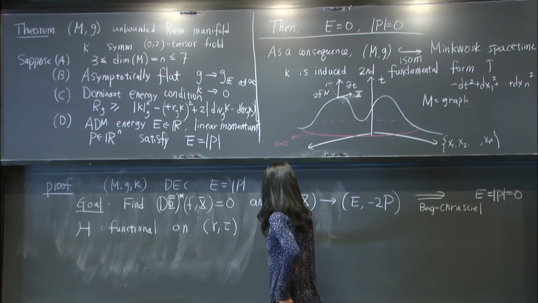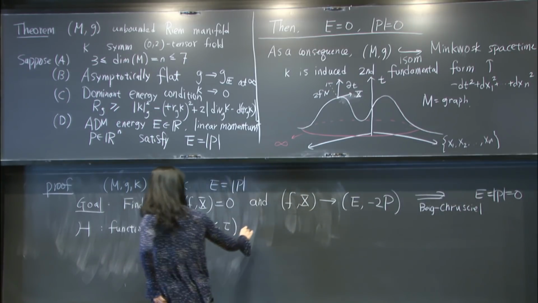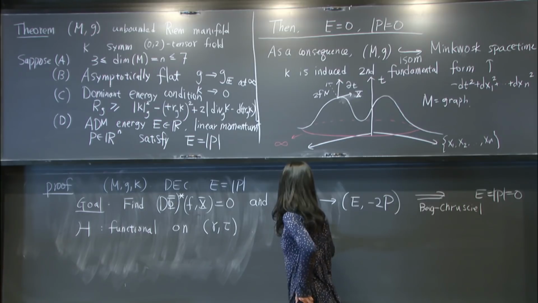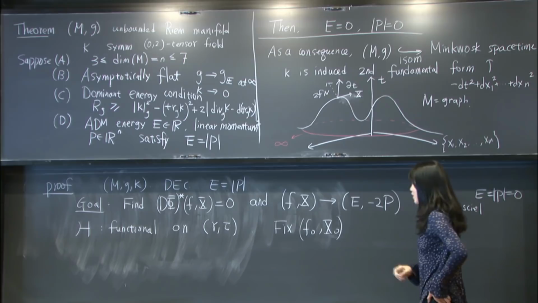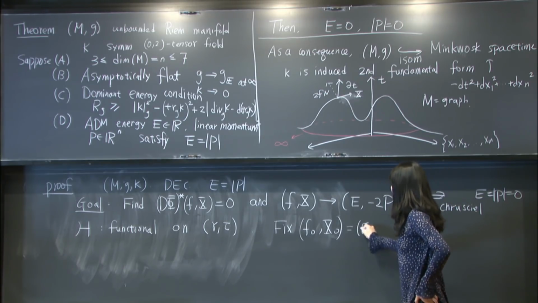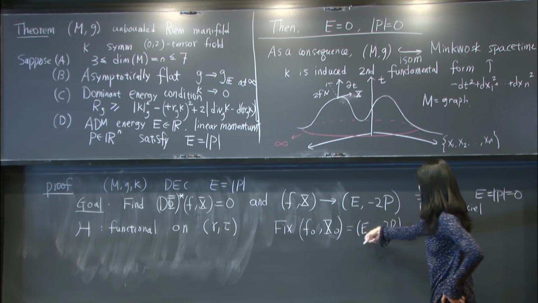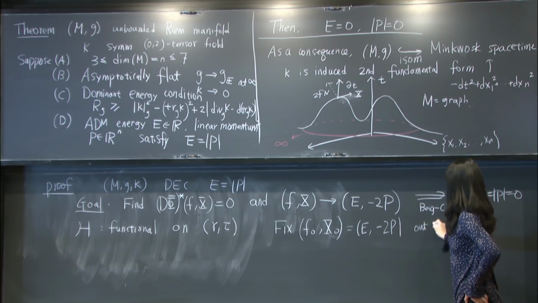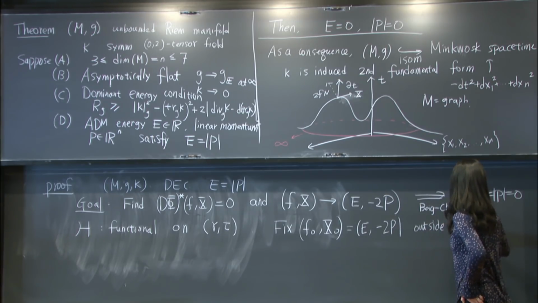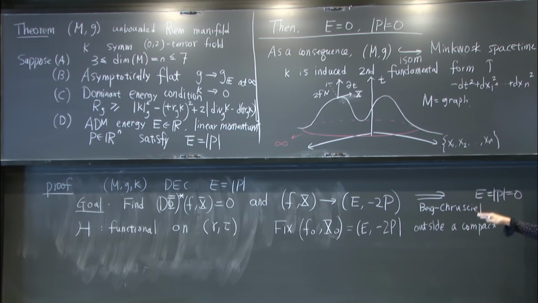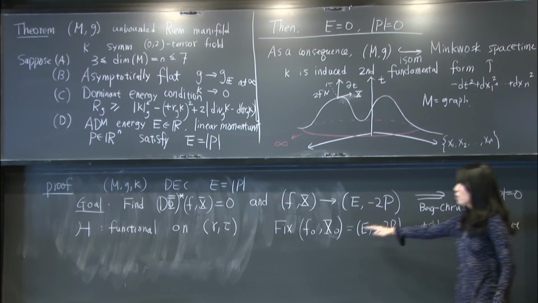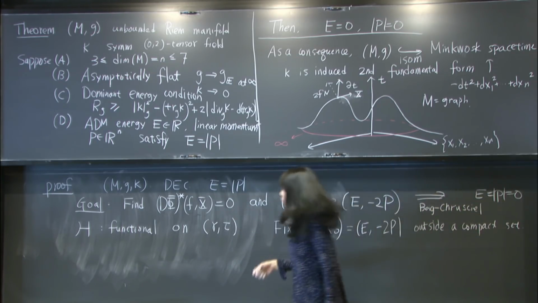Okay. So let me just write down the functional and tell you the properties, how it can be done. We will define the functional to be, also we will fix a given function f and a vector field, which we can make arbitrary but fixed and equal to E and minus P outside a compact set. So this will be fixed, and then the process will tell you we can find a lower order error term to correct this function to make it satisfy the true equation.